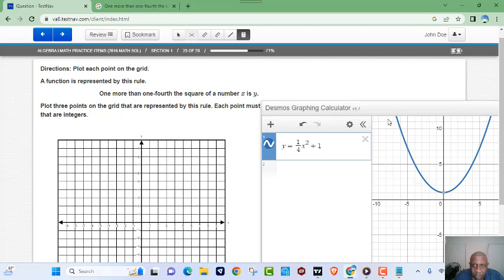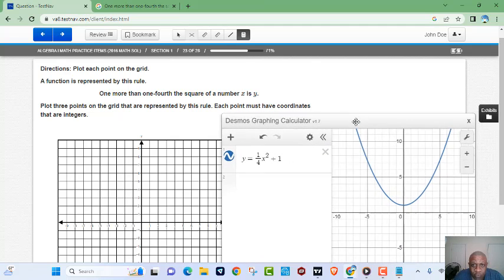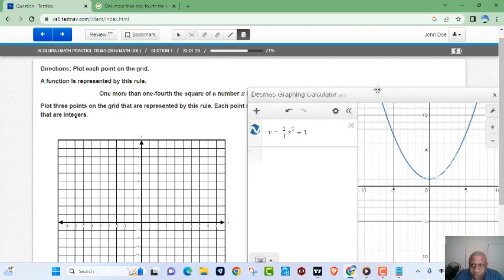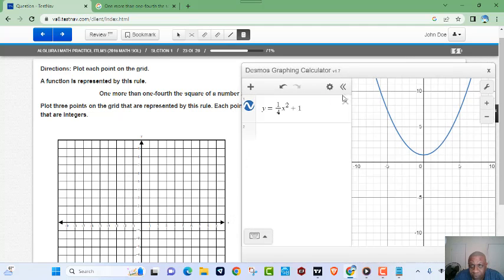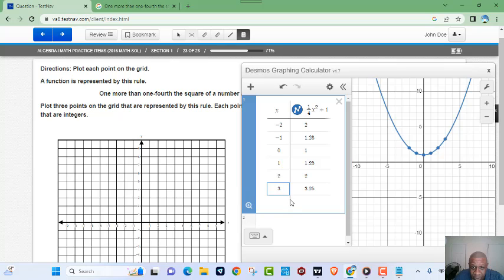Now, it says plot 3 points on the grid that are represented by this rule. Each point must have coordinates that are integers. All right, so in order to find those, we'll just go to the gear icon and we'll hit the table icon. So here we have 0, 1, we have 2, 2, we have -2, 2. Let's see what happens if we put in 3. Nothing.